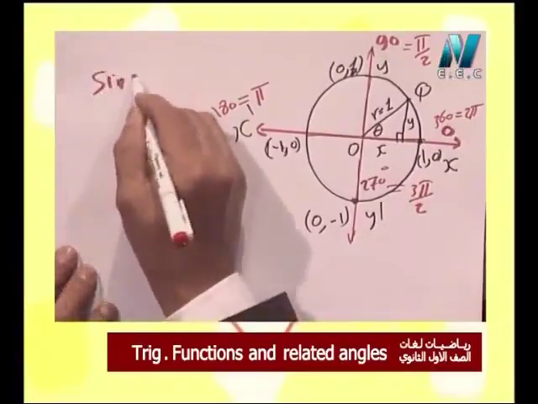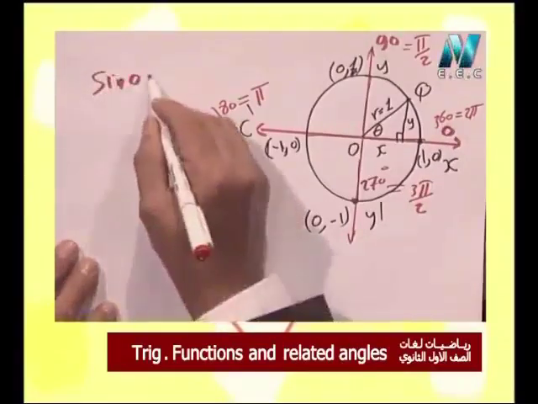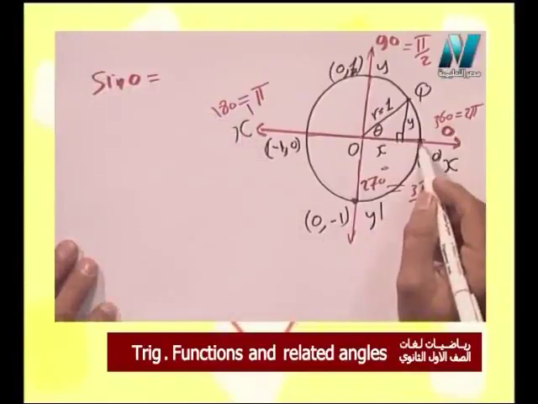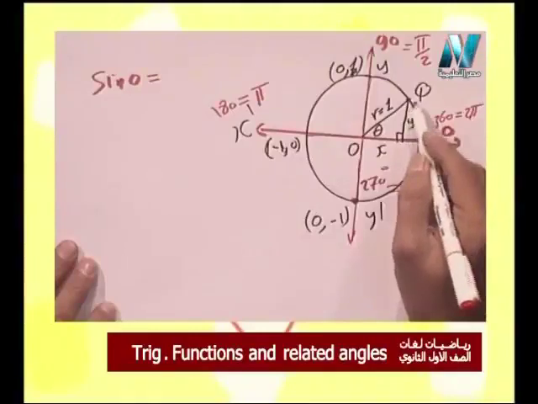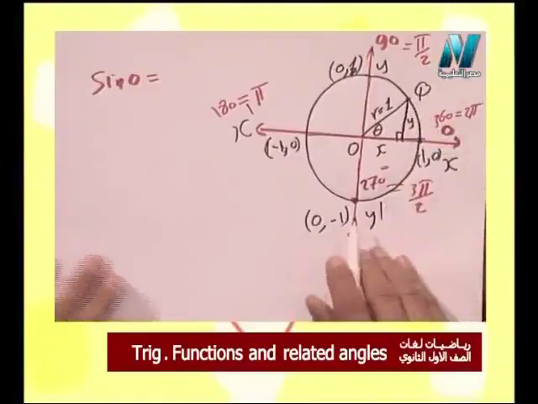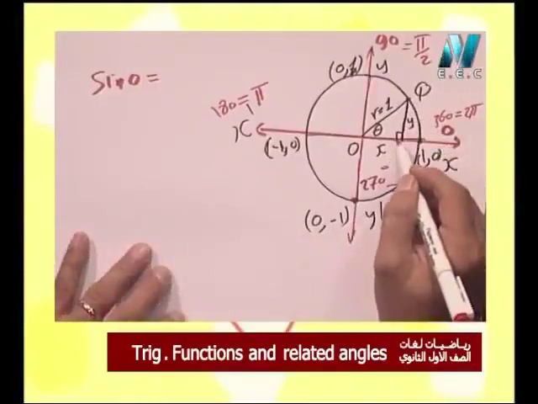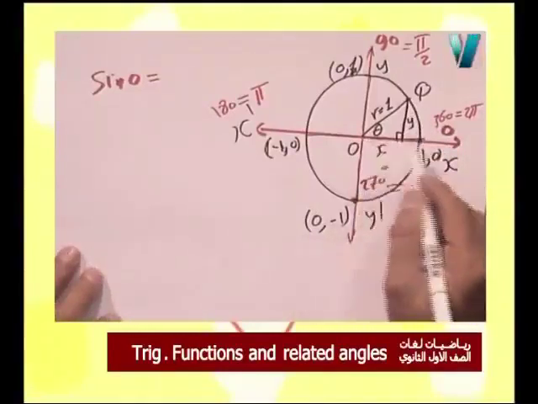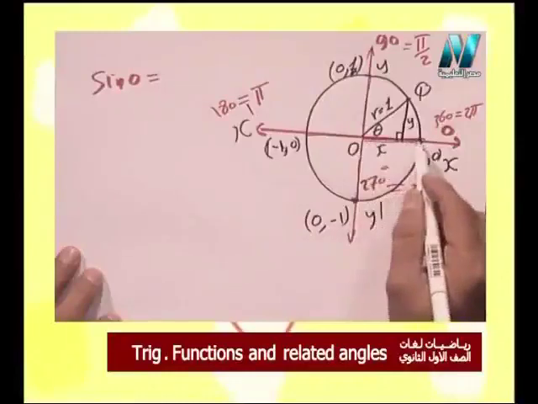So if we want to find sine 0 as an example, sine 0 equals what? We agreed that sine is y and cosine is x. But for 0, its terminal side is on OX, so sine 0 will be 0.